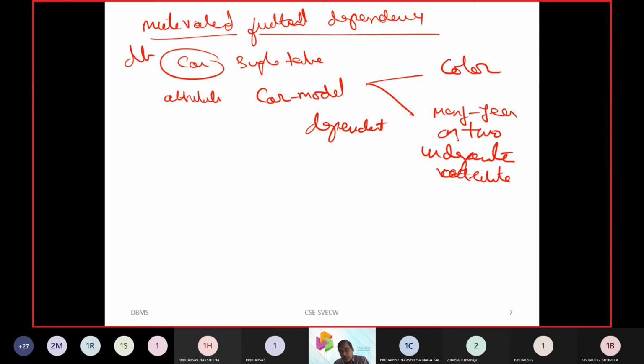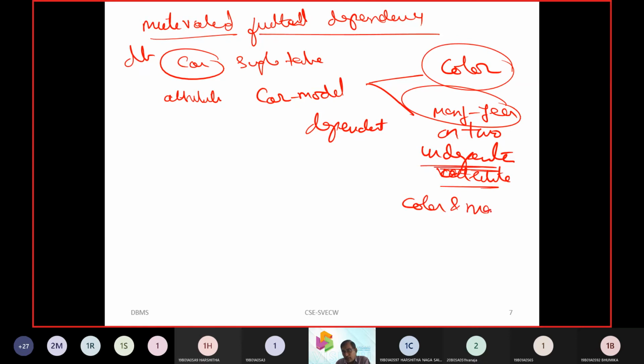Color and manufacturing year are totally independent of each other. No relation.